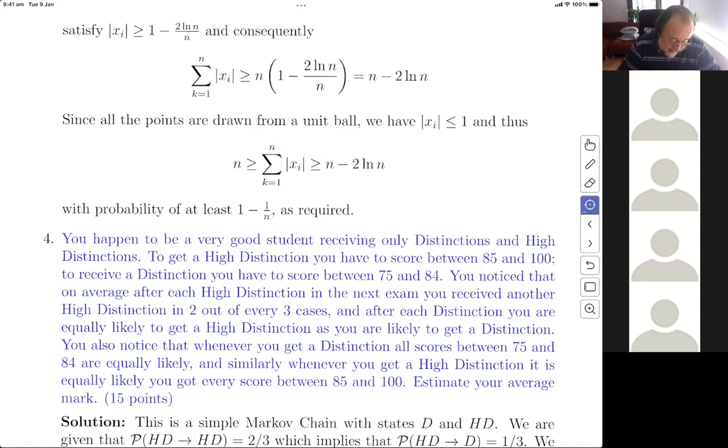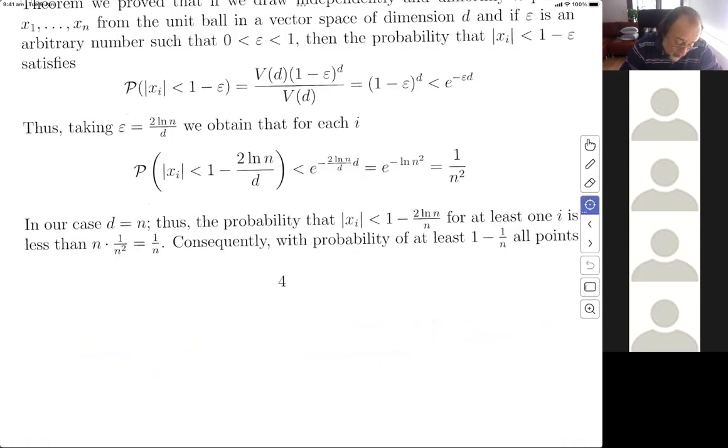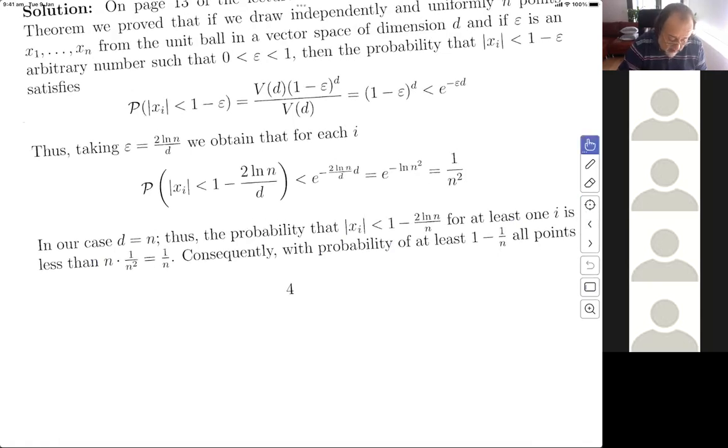So that's the third problem. So what is here? I simply test you whether you understood how we find probabilities that randomly picking vectors uniformly from the unit sphere, right?